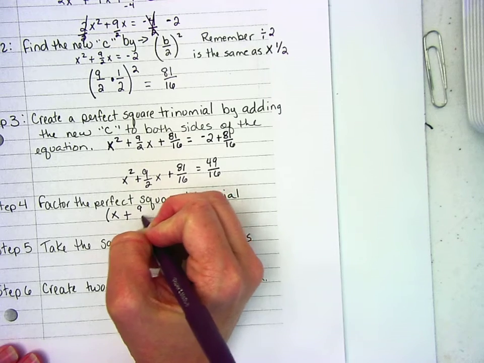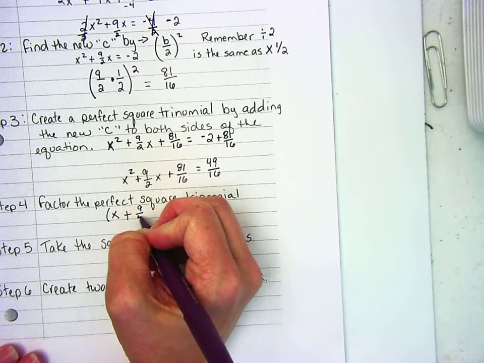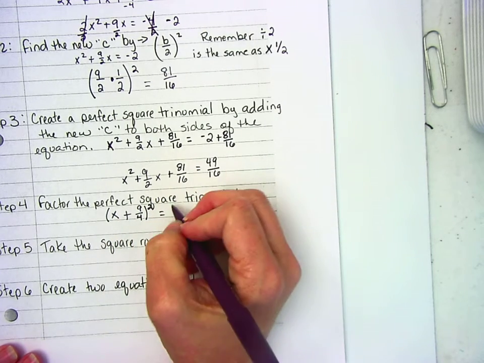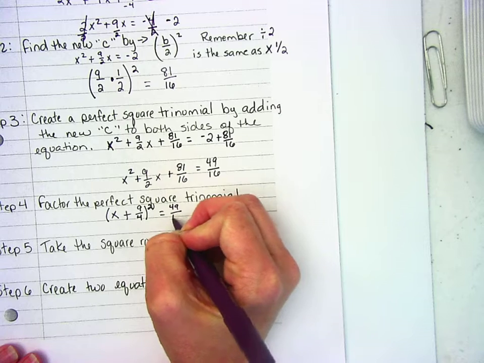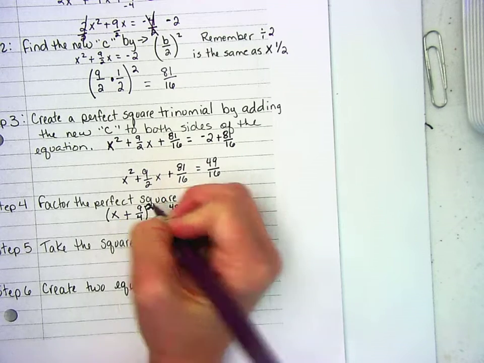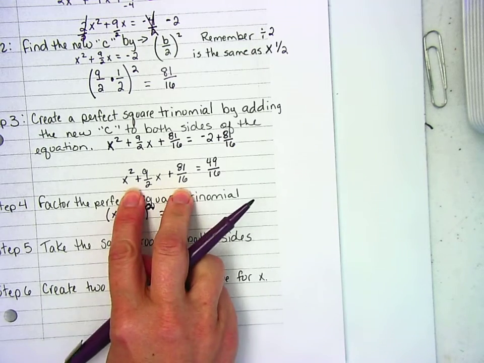So the second half of the binomial is 9 over 4. And I'm squaring it, equals, and I'm going to keep that 49 over 16. I factored it. Okay? If I break it apart, FOIL it again, I will end up with this.